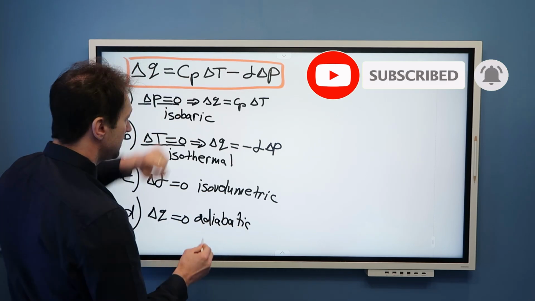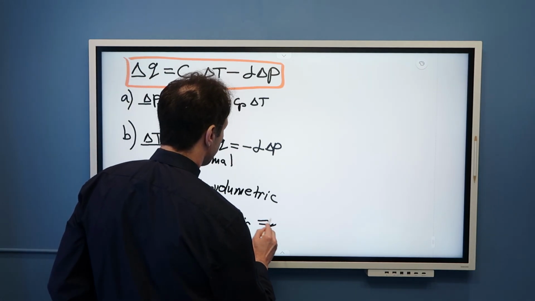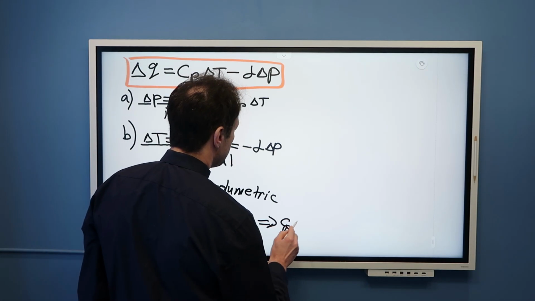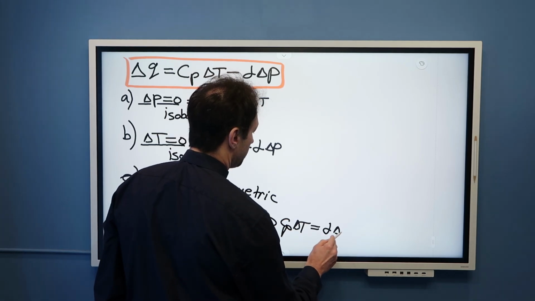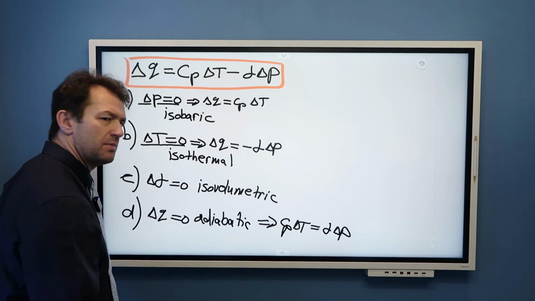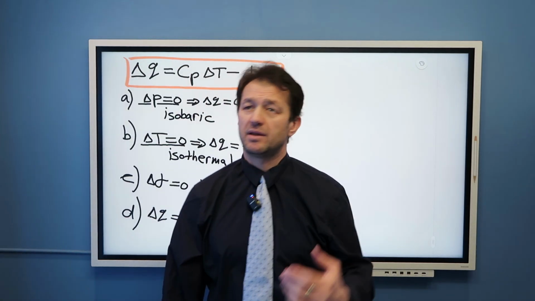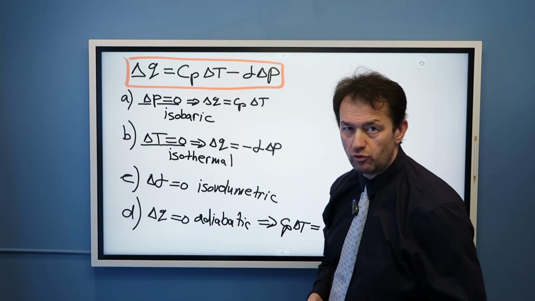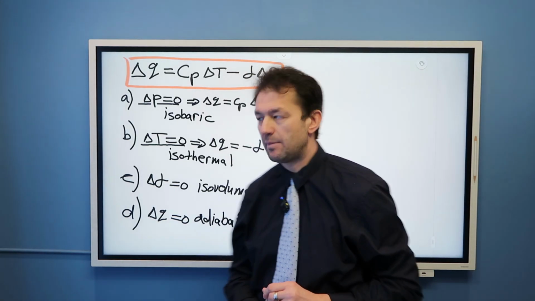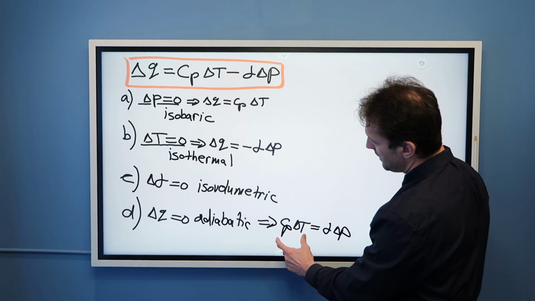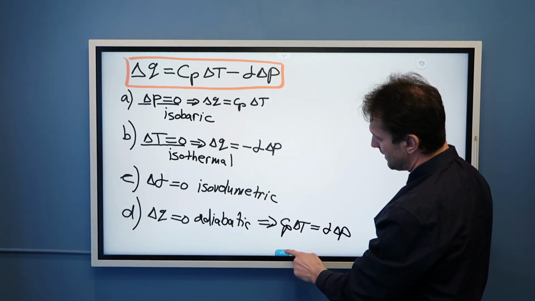And you can see in the case of an adiabatic process, we have that Cp delta T is equal to alpha delta P. You might say, but this is boring. What can happen if you do not add or remove any heat? You will see in the very next lecture that many things can happen, because you still have interplay between these two terms on the right hand side.